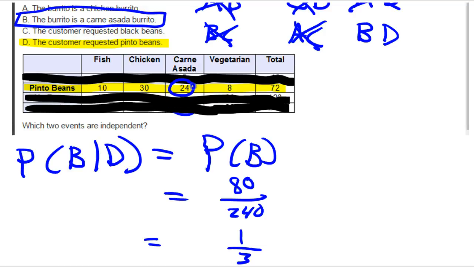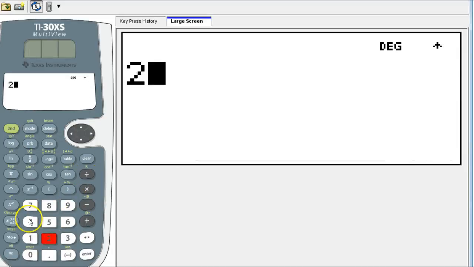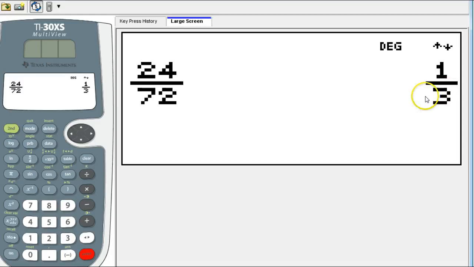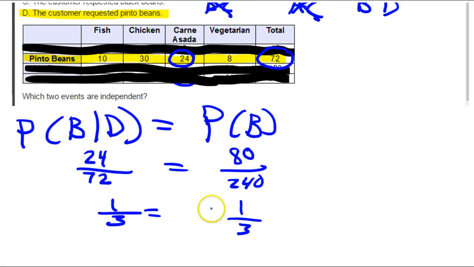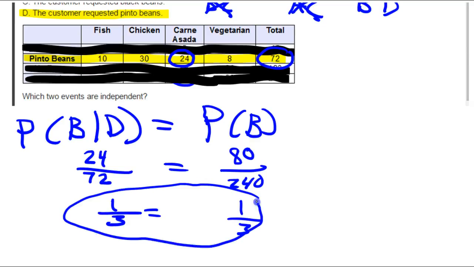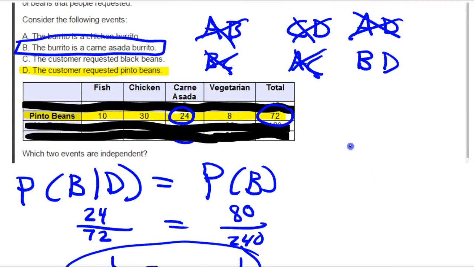Target over total, 24 out of 72. And that's 1/3. Because these are the same, we know that events B and D are independent. So that would be the answer to the question.